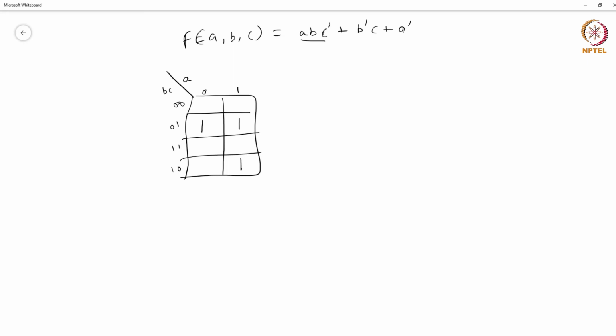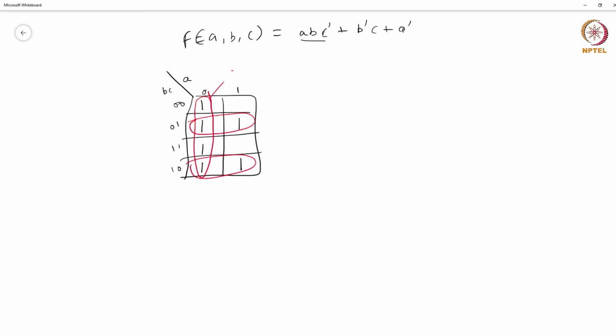Now let us see a dash. A dash means this is 1, this is 1, this is 1. Now if I want to group and combine, I can see that this a dash is anyway there. I can also combine these two, and these two.